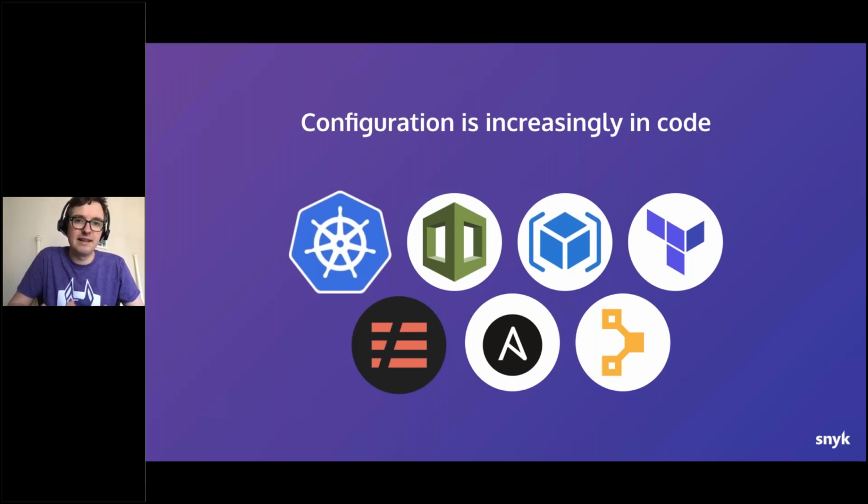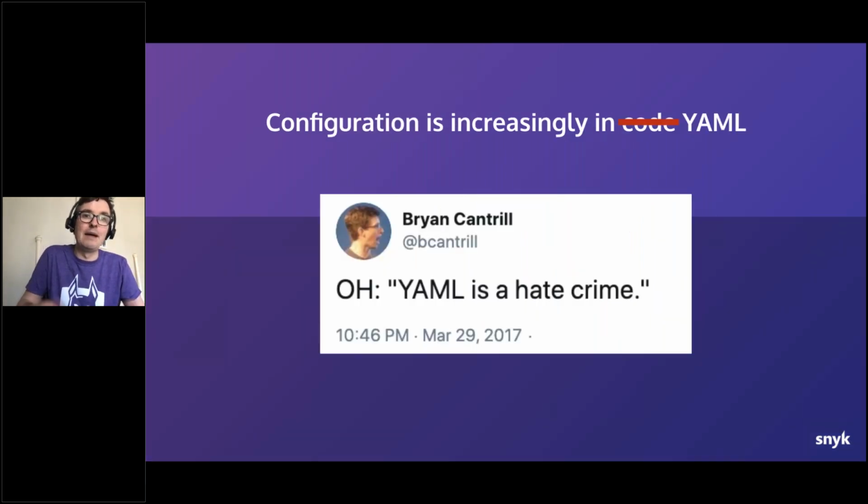Since then, we've seen CloudFormation from AWS and ARM templates in Azure, and in particular, Terraform is a good example here. A widespread of different domain-specific tools for configuration of infrastructure and applications, really managing that configuration, as I said, in code, whether that's some specific DSL or in fact, in YAML files.